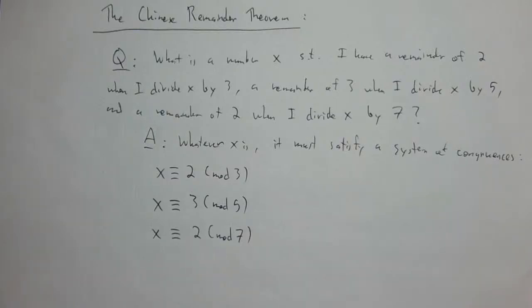And so the theorem that we call the Chinese remainder theorem is going to give us the hypotheses under which it's required for such a system to actually have a solution. So we are going to come to understand that under some mild hypotheses we are going to get a solution to this system of congruences.